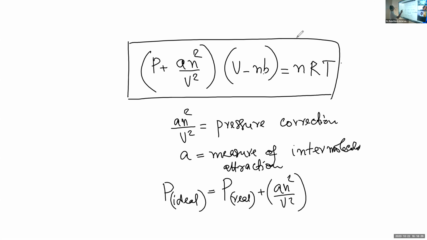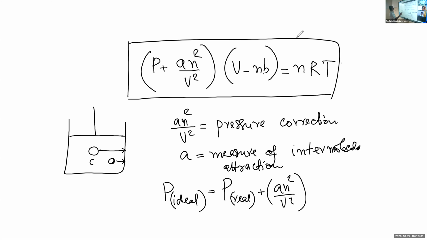Let us think of the bombardment of a gas molecule. A gas molecule is going to collide, to bombard with the walls of the container. The gas molecule is moving towards the walls of the container. When it approaches the walls, what happens? There are molecules behind and left and right.